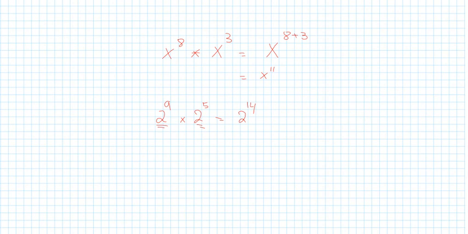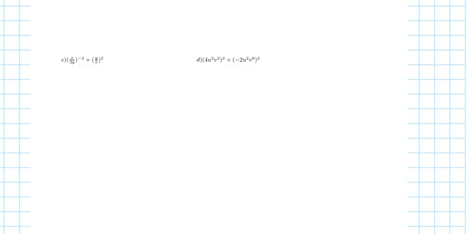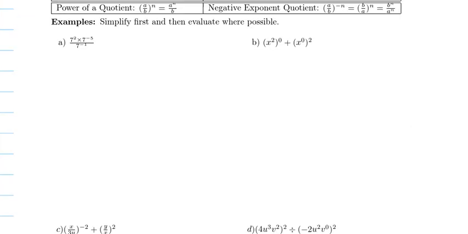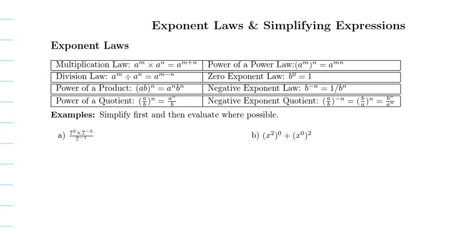So this is what you see here as your first law. Where you have the multiplication law, you have the same base and there's a multiplication, you add your exponent. Do you guys know why that happens? Because it's just multiplying itself anyway. That's right.